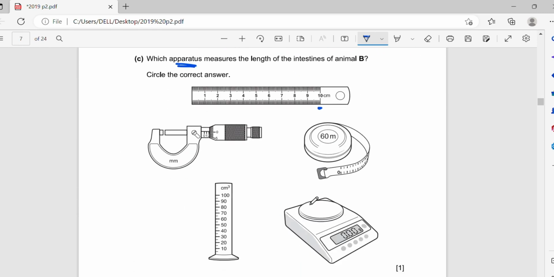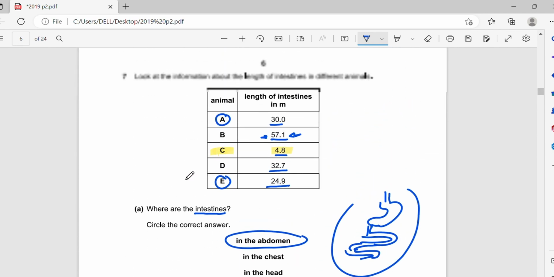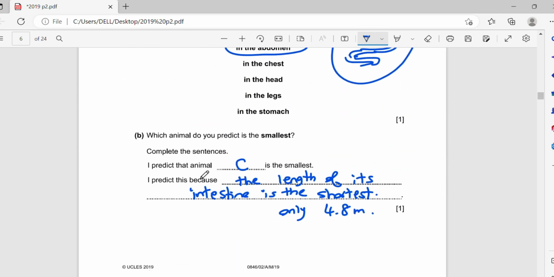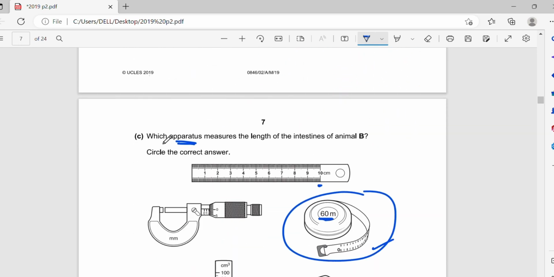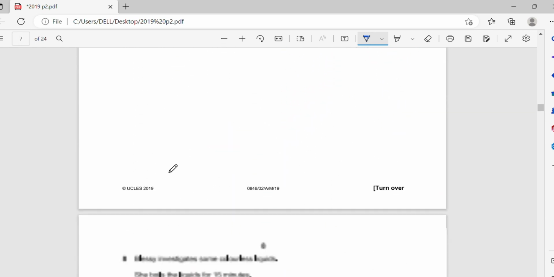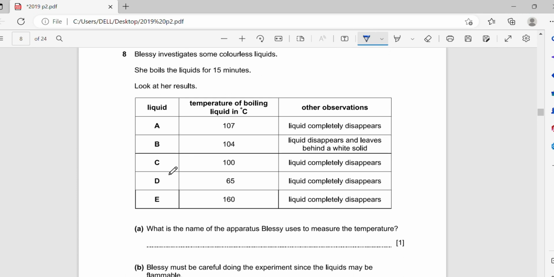We can use the measuring tape. لأن مكتوب it's up to 60 meter وأنا عندي the last reading is 57.1 يبقى it is suitable. يبقى measuring tape.